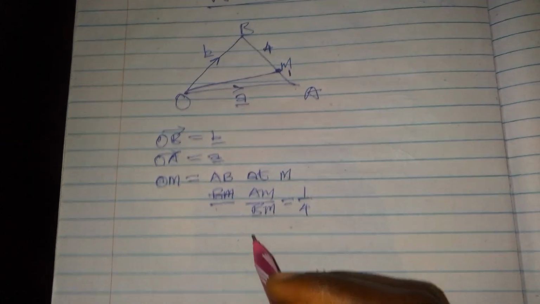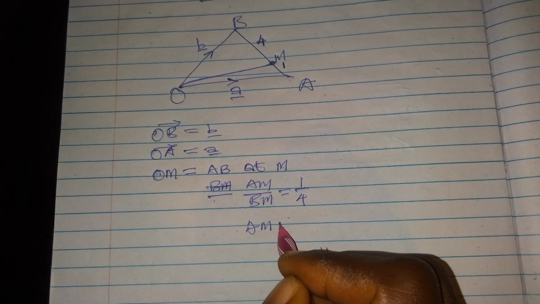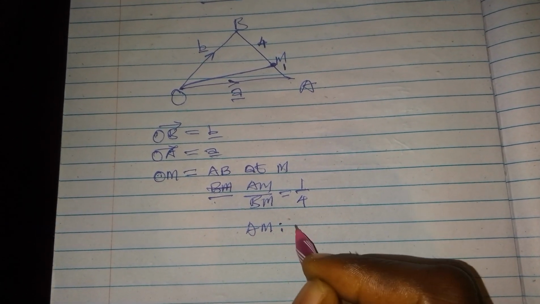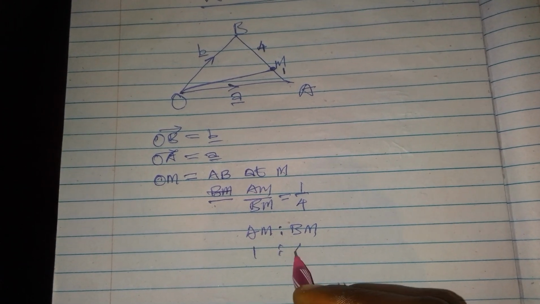This is to say that AM to BM is the ratio of 1 to 4.